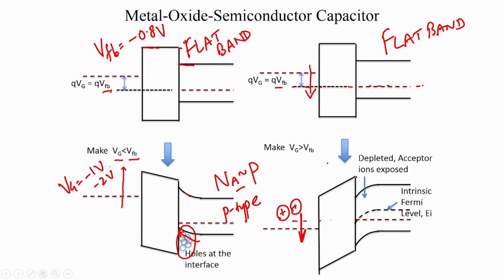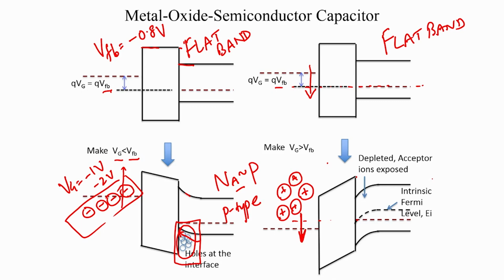When Vg was less than Vfp, we were adding negative charge on the gate, right. We were applying a negative gate voltage, and all this negative charge in the gate was balanced by the positively charged holes at the interface. But now, by making Vg greater than Vfp, we have started adding positive charge on the gate. So, how is this positive charge in the gate balanced?